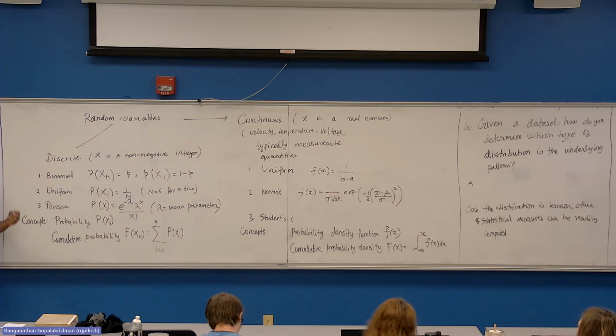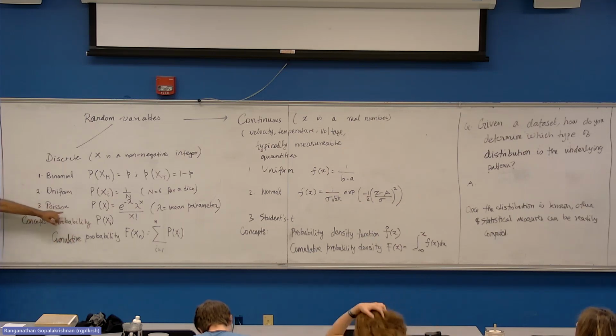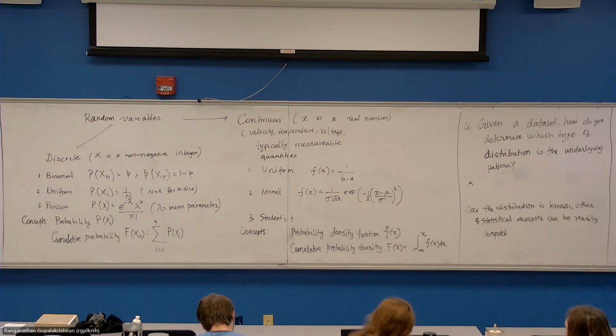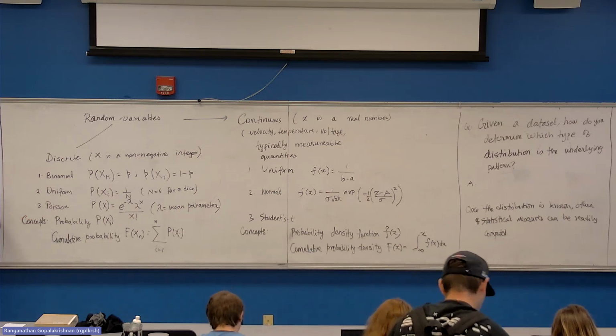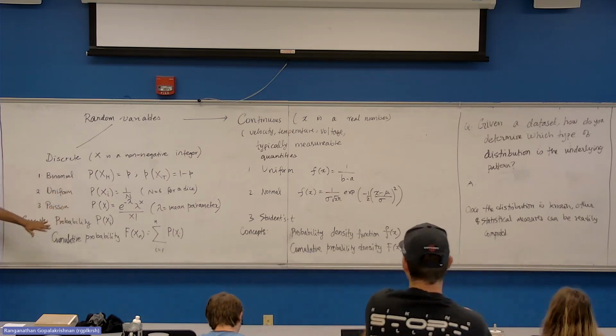What is my chance if I live there for 30 years? What is the chance of experiencing exactly 0 quakes, exactly 1 quake, 2 quakes, and so on? That is given by the Poisson distribution. We saw these 3 types of discrete distributions, and don't think that these are the only 3 types. There are many more types of distributions. In our course, we are seeing only 3 of these.